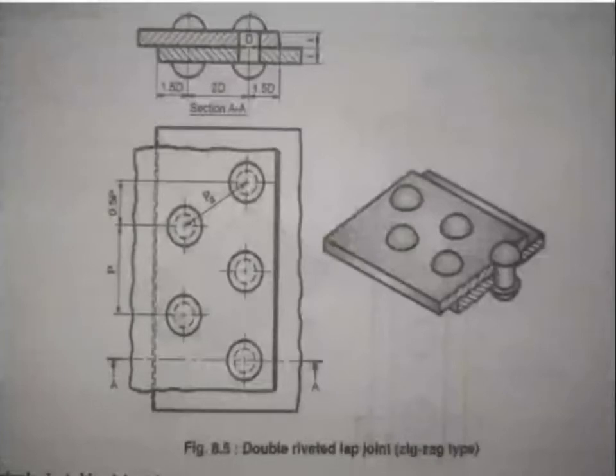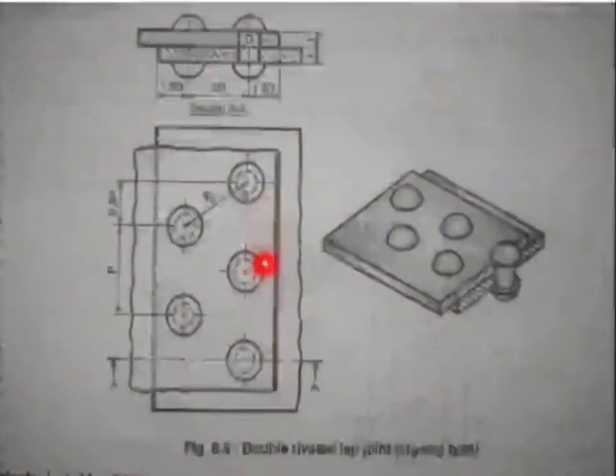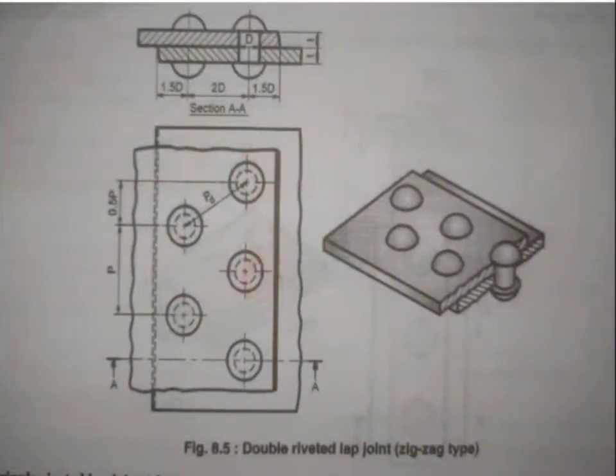Now what we are seeing here is the double riveted lap joint, zigzag type. Zigzag type means here the rivets are continuous, but here the rivets are alternated. Between two rivets in this row, in the other row one rivet is placed, so the zigzag way is formed here.